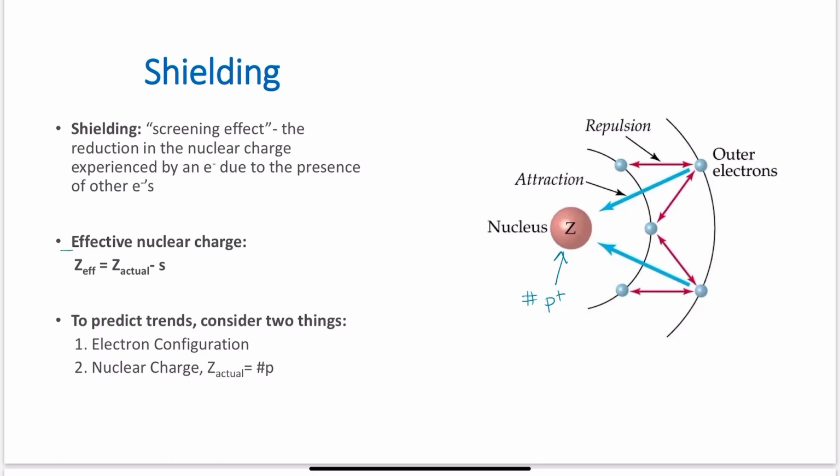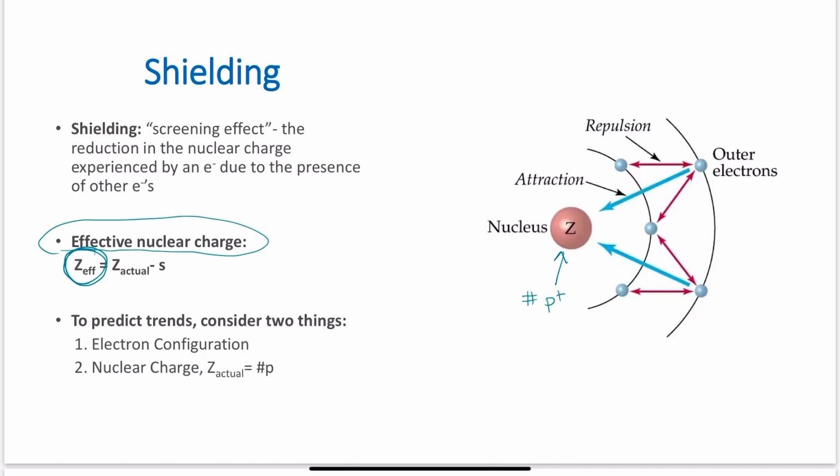Z actual is the actual number of protons that atom has. So atom or ion, whatever that species has in the number of protons, that is your actual value of Z. But from that, we subtract this value of S. S represents our shielding effects, and we get what we call Z effective. Z effective is really how powerful is that charge of the protons in the nucleus.